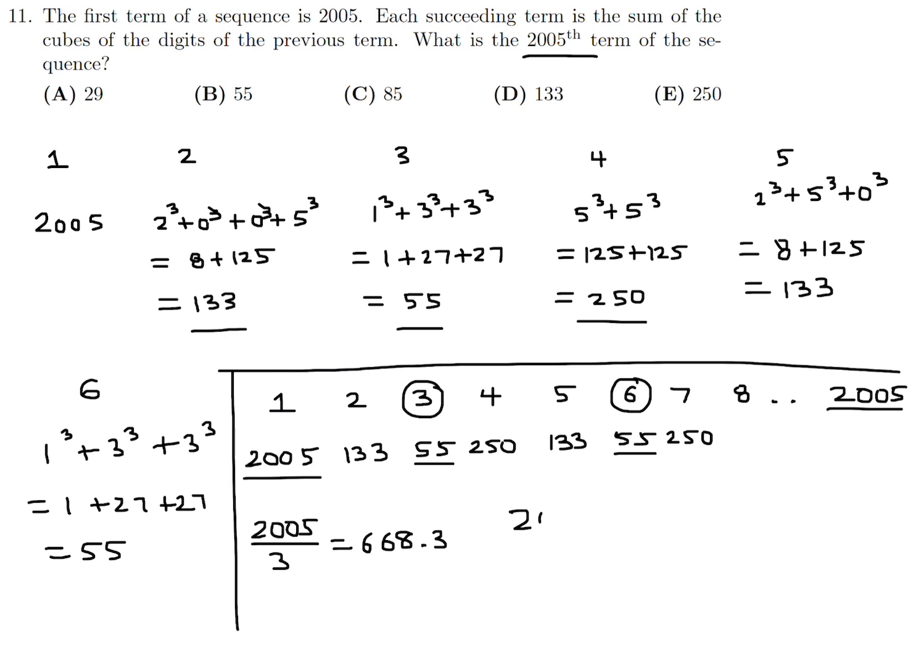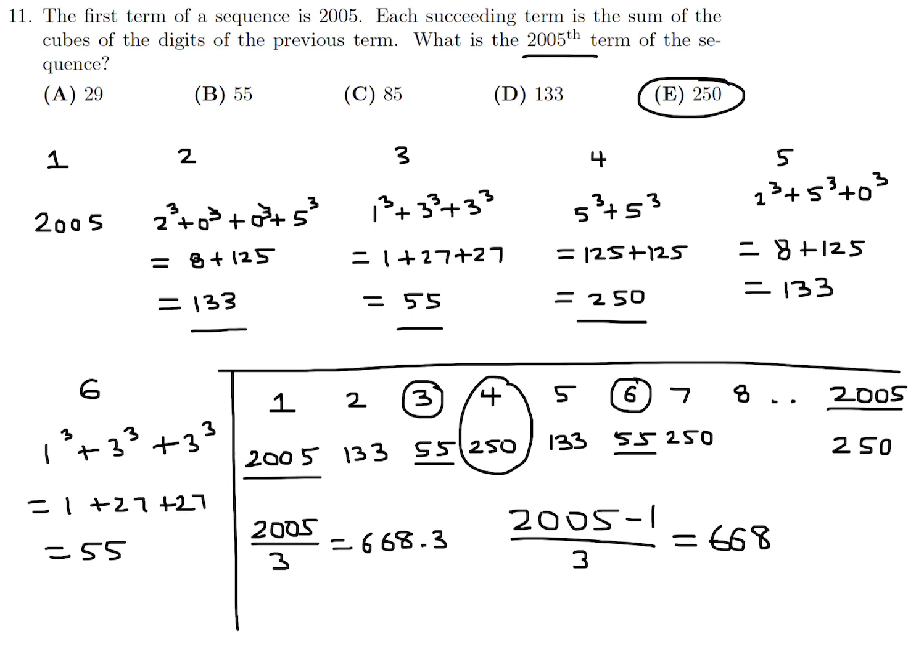It is exactly 668. So there you go. That means that 2005 is the same as the fourth term, so it'll be 250. All right, so you just have to find a little bit of a pattern there. So therefore for question 11, the answer is E.